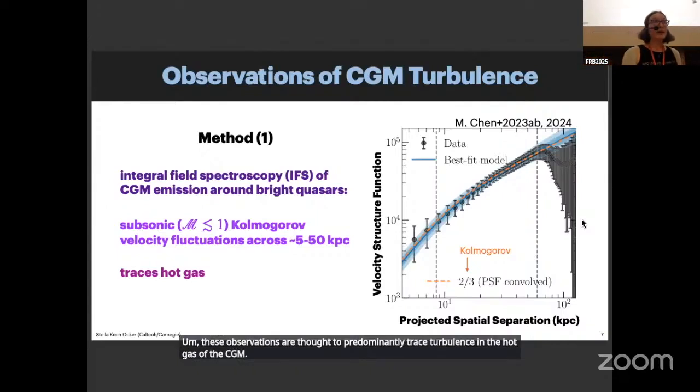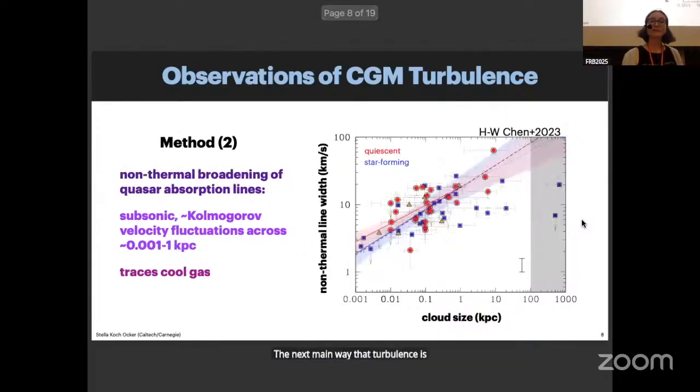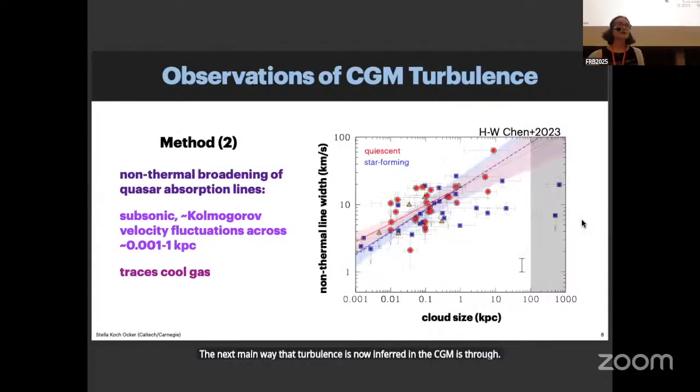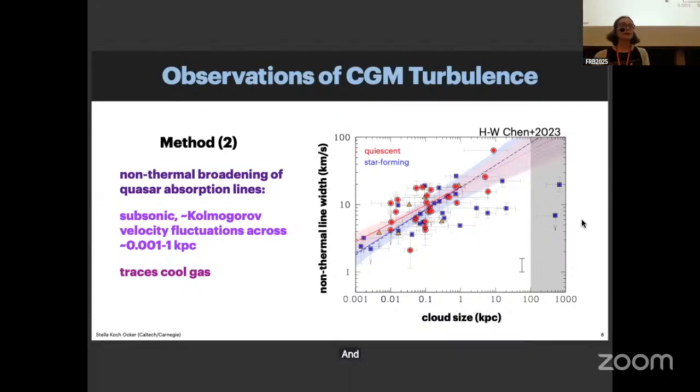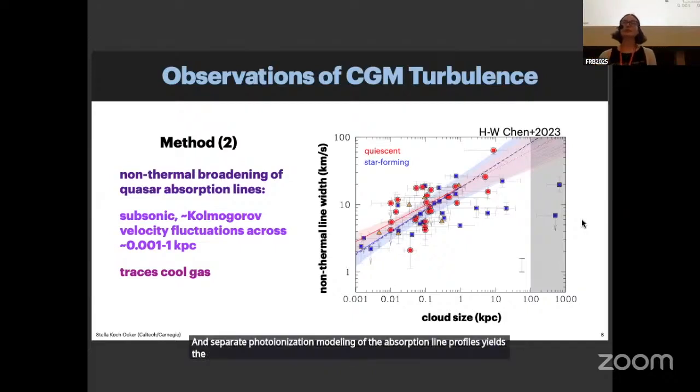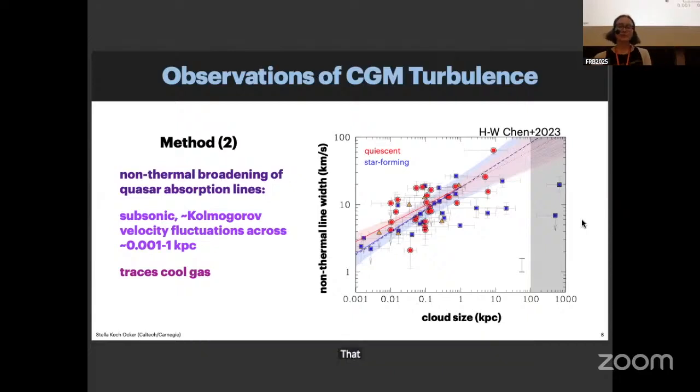The next main way that turbulence is now inferred in the CGM is through measurements of non-thermal broadening of quasar absorption lines. These absorption lines yield non-thermal line widths, which are shown on your right, and separate photoionization modeling of the absorption line profiles yields the densities, temperatures, and sizes of the cool clouds that are responsible for these absorption lines.